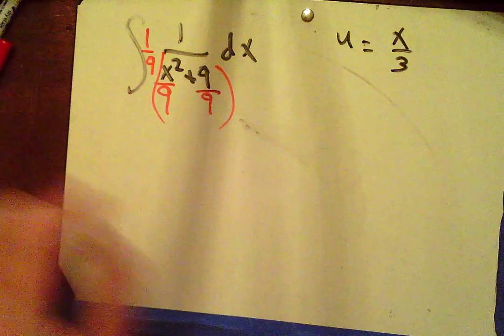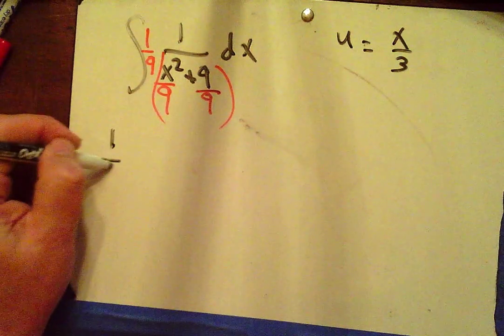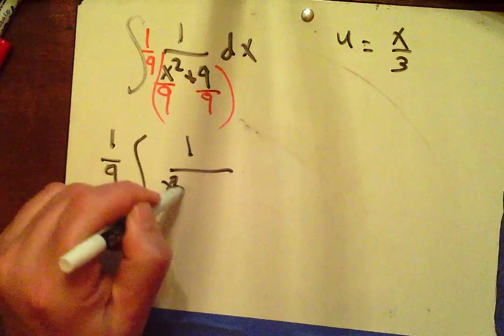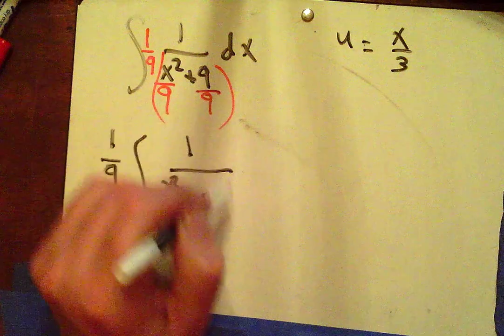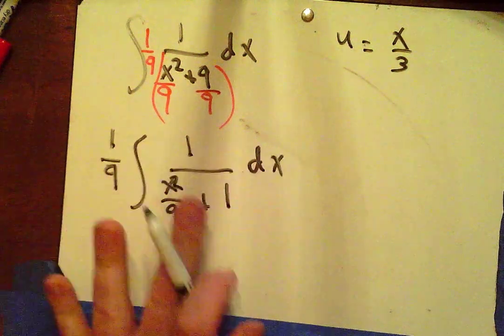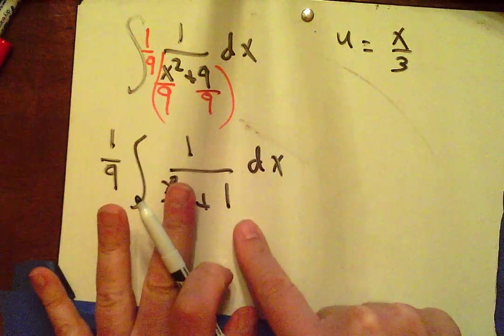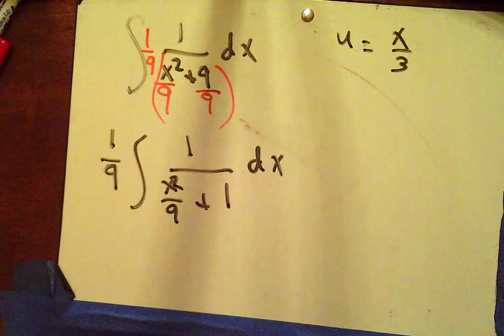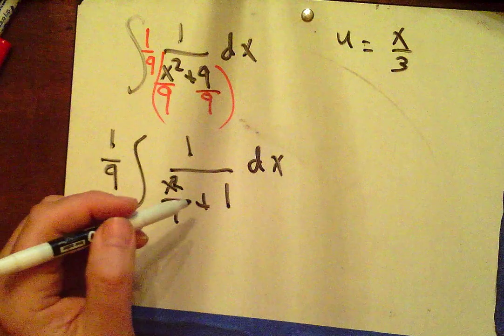However, we have brought about a change. 1, there's this 1/9 out in front now, and 2, 9 over 9 is 1. And now we have a squared thing plus 1, and so we're looking at almost completely inverse tangent.